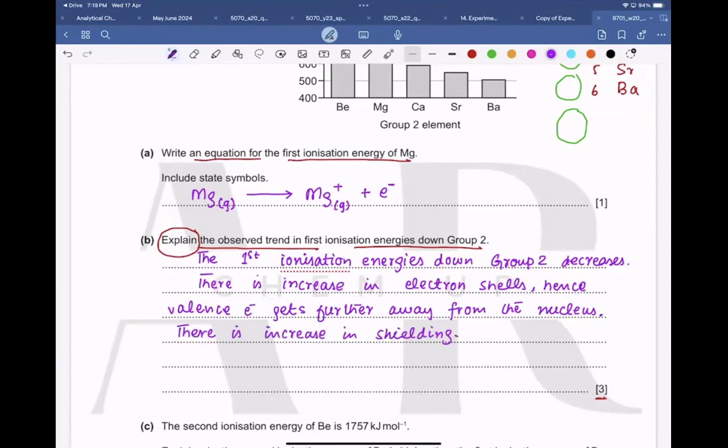So what will be the third point? Can anyone suggest? Yes, can anyone suggest what will be the third point? Very good, Zoha.